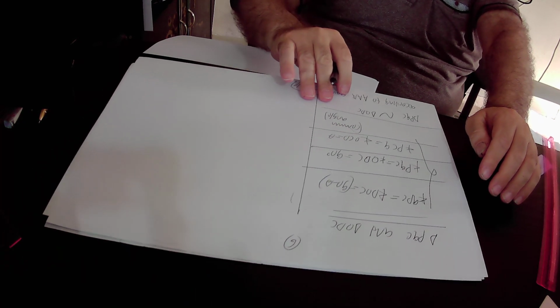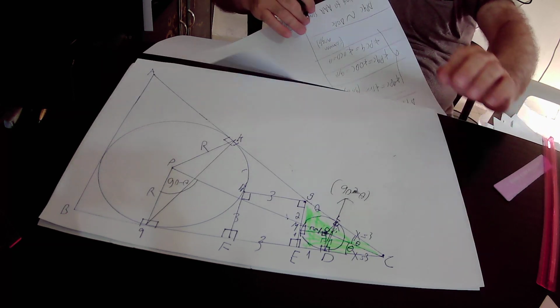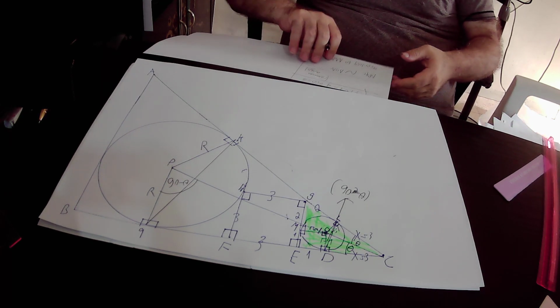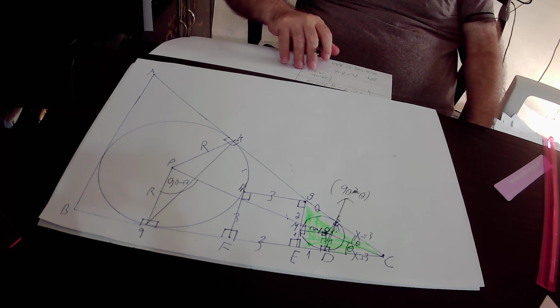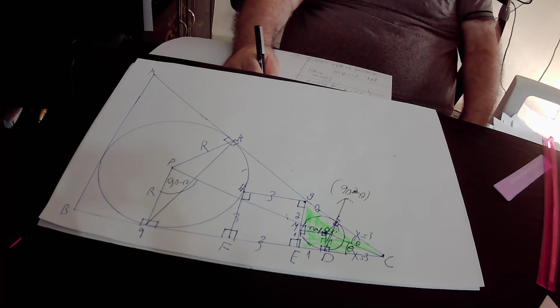And for the fact that the two right triangles are similar to each other, we conclude that the following relationship exists between their sides.